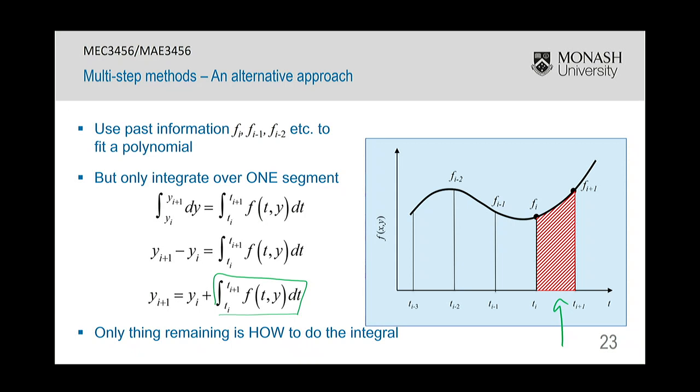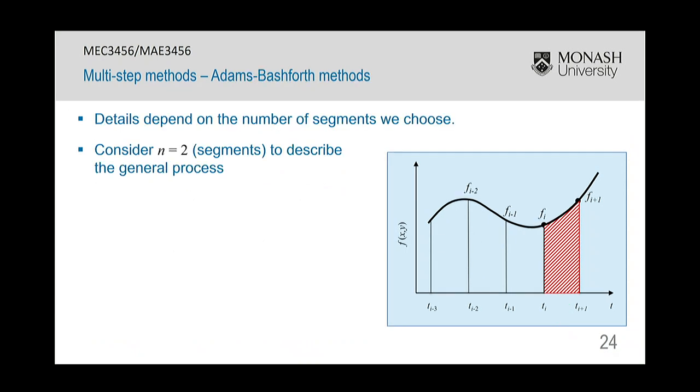So, how are we going to do this integral using the Adams methods? Well, the details depend on the number of segments we choose. So what we're going to do here is consider n equal to 2 segments to describe the general process. Unlike in the previous video, n here is actually equal to the number of segments. Previously, n had been equal to the number of segments minus 1.